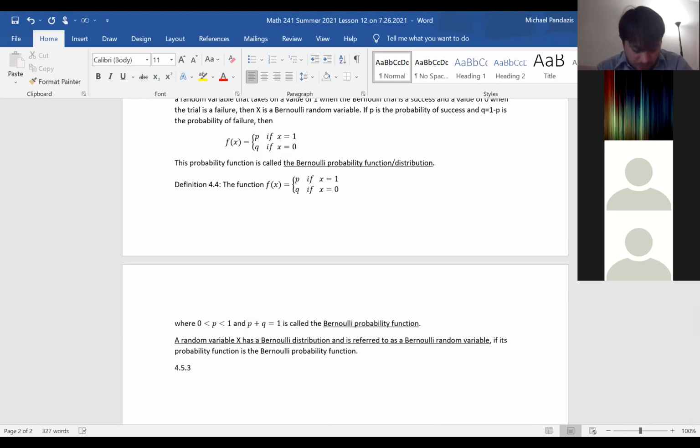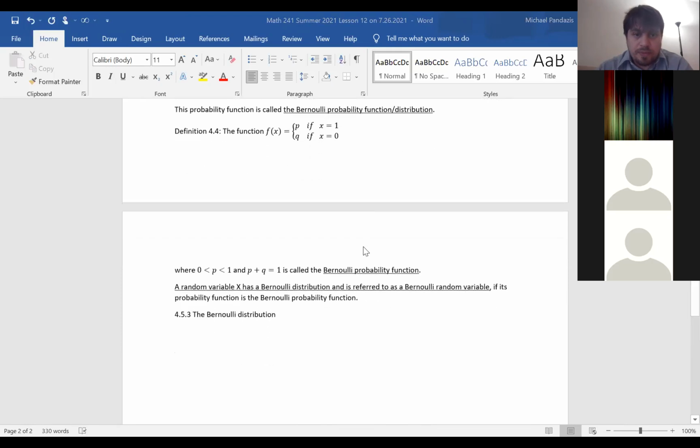Okay, 4.5.3, the Bernoulli distribution. Let's study the Bernoulli distribution or Bernoulli probability function, the one we just talked about. Consider n Bernoulli trials. These are trials, when you do an experiment, that have two possibilities, which is also expressed as success or failure.